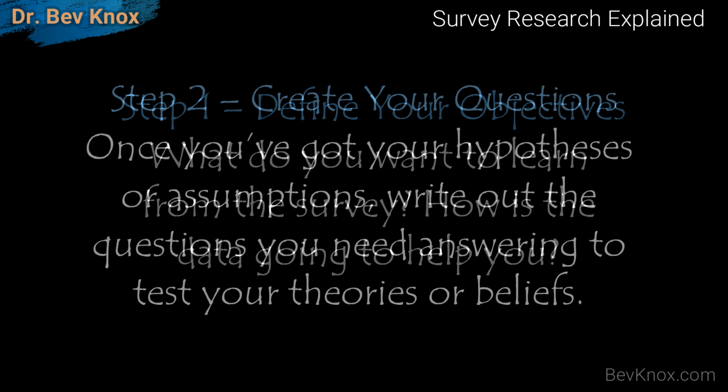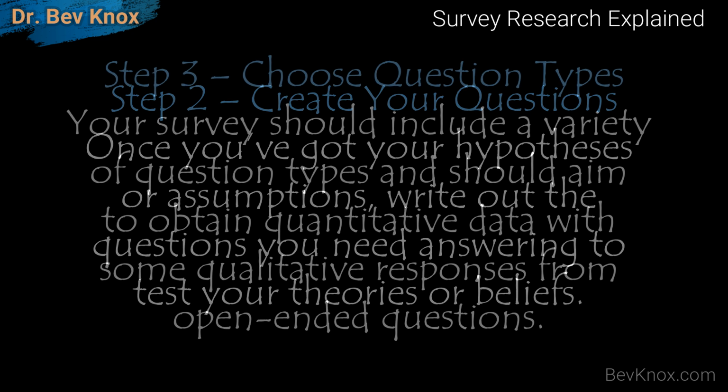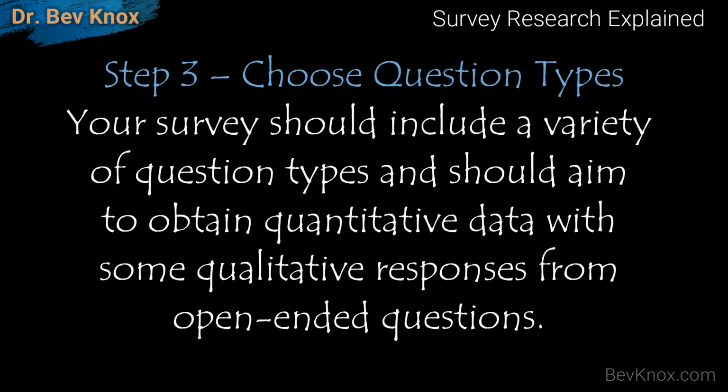Having a hypothesis or series of assumptions about survey responses will allow you to create the right questions to test them. Step number 2, create your survey questions. Once you've got your hypothesis or assumptions, write out the questions you need answering to test your theories or beliefs. Be wary about framing questions that could lead respondents or inadvertently create biased responses. Step number 3, choose your question types.